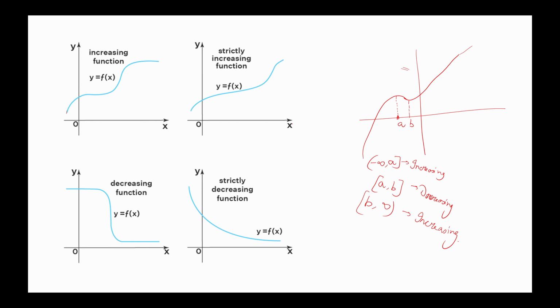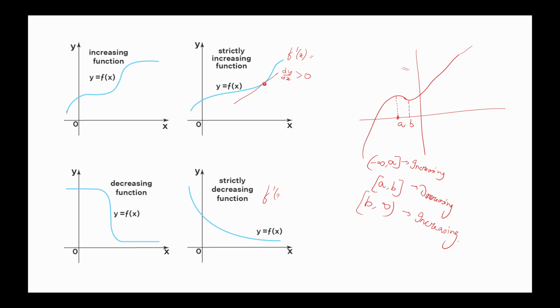Apart from that, one more thing that you must remember, whenever you have a strictly increasing curve, if at any point you try to find out your dy by dx, it is going to be the slope, right? It is always going to be positive for a strictly increasing curve. For a strictly decreasing curve, or rather instead of dy by dx, I'm going to call it f dash x.